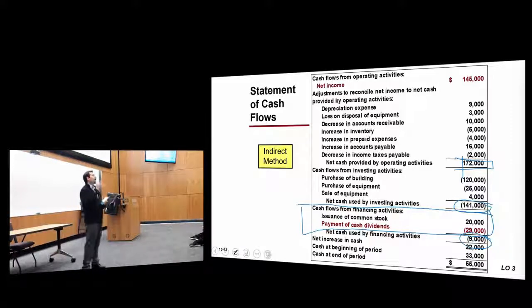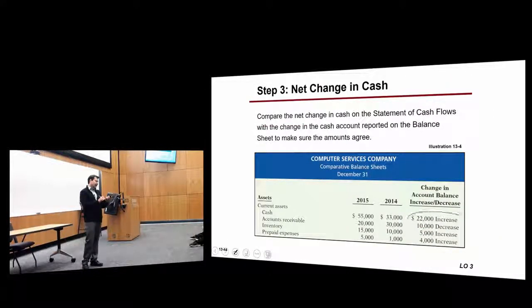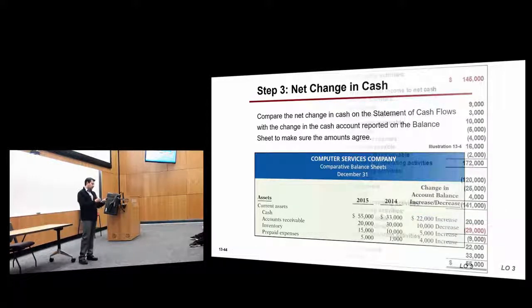You just add those three numbers, 172 minus 141 minus 9,000, and it gives you the net increase in cash. This is the net change in cash. You compare it to the change in cash, which was a net increase of 22,000. You have here a net increase of 22,000.